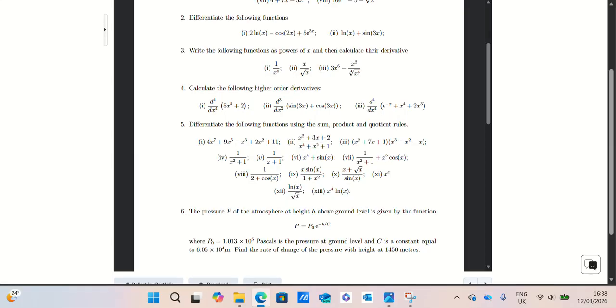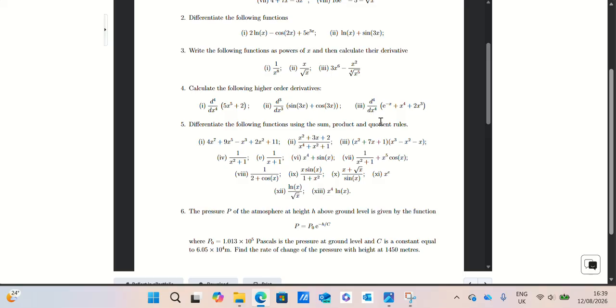Okay, let's go back to our problem sheet. Let's see what part 3 is all about. So, first page, problem sheet 6, question 4, part 3. So, d4 over dx4.